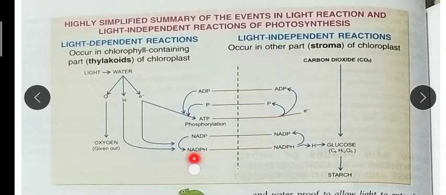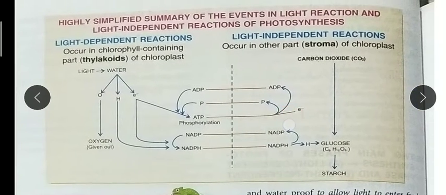You can see here the NADPH and the ATP entering into the light independent reaction. The ATP releases the electron in the light independent reaction, and the NADPH releases the hydrogen ion.